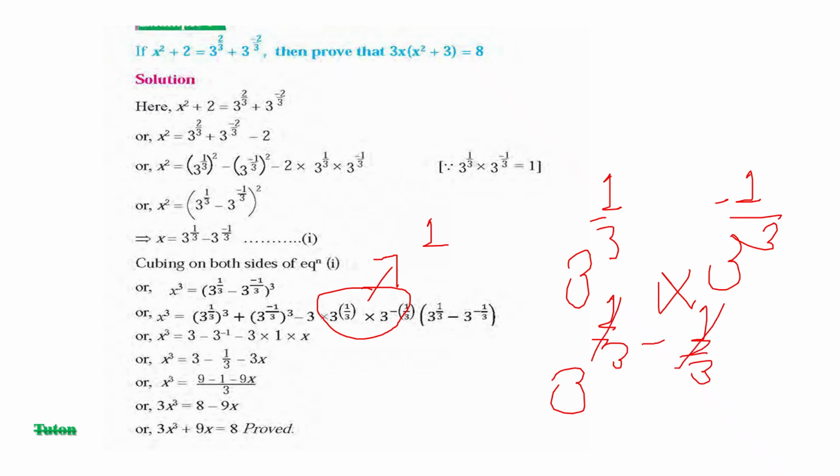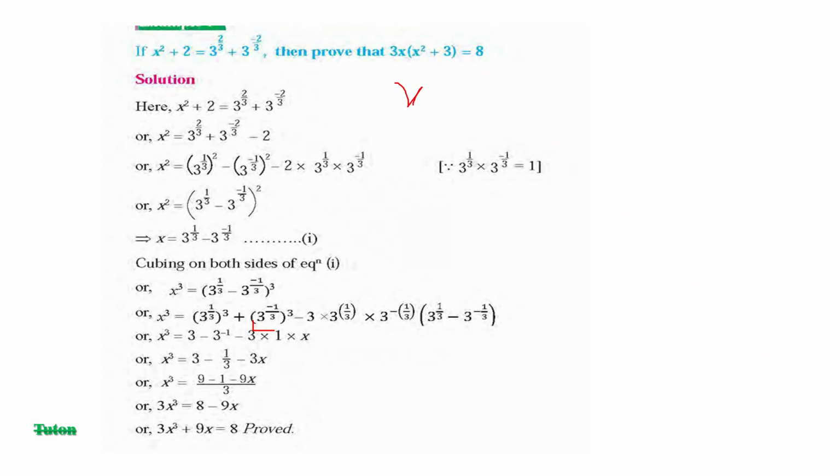It cancels each other and we are left with 3 to the power 0, and any number having an exponent of 0 is equal to 1, which we can see in this step here. This term is equal to x, and here we have it. We can simply write 3 as it is, rest of the part being same.